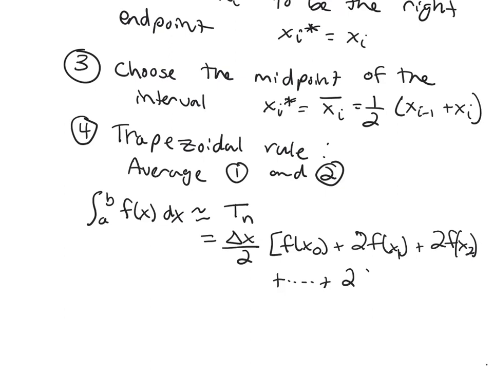So all of these have coefficient 2, except for the first one and the last one. Okay. And these xi's, you start at a and you add delta x times i.